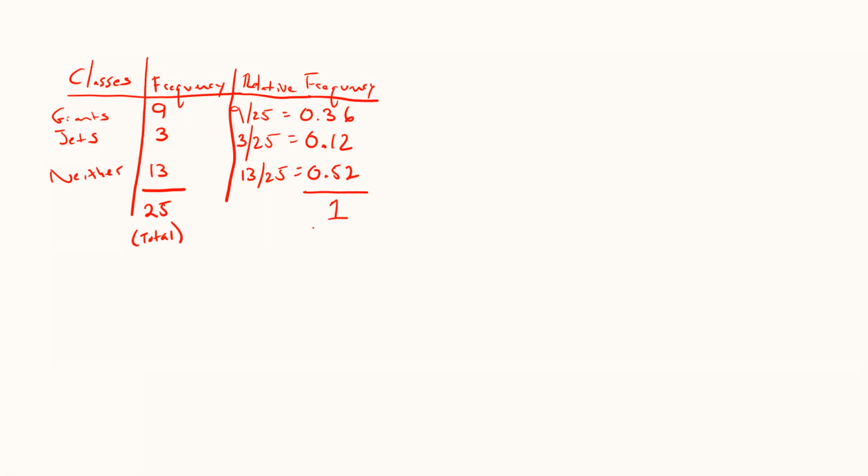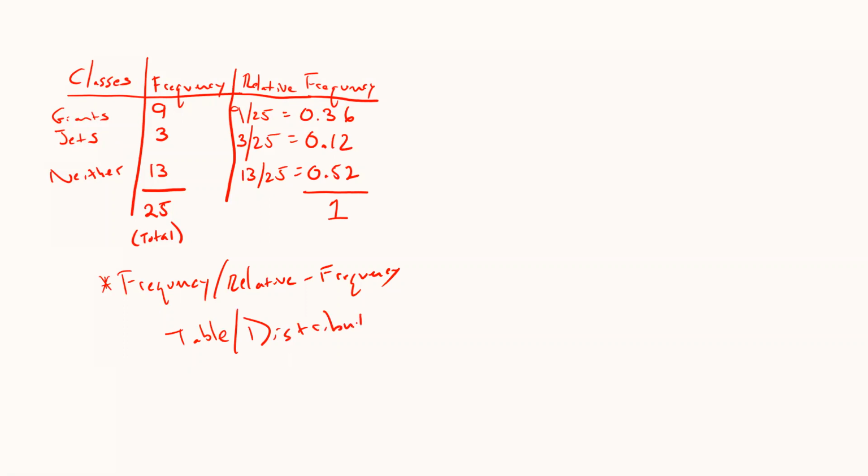This sums up to 1. So this right here, this with the classes, the frequencies, and the relative frequency represents an entire frequency or relative frequency table, or distribution, depending on how you want to call it.